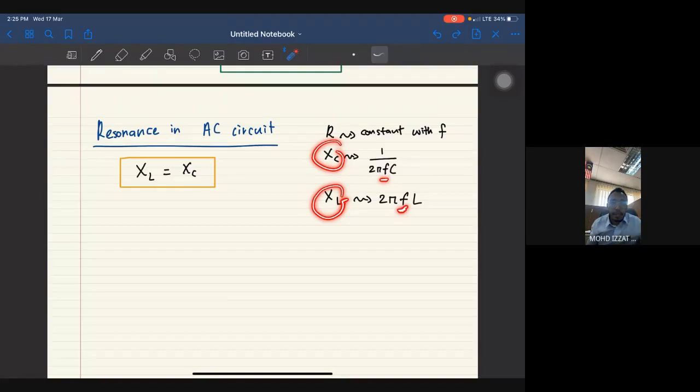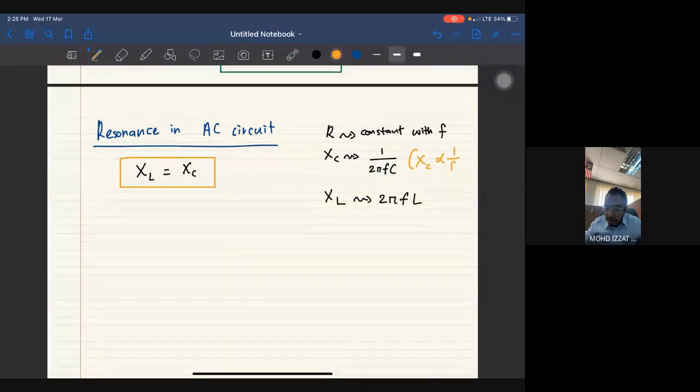So when you have a change in frequency, you expect a change in XC and XL as well. Okay, how do they change? If I were to write the dependence, XC is inversely proportional to the frequency, 1 over F, sorry. Then XL is directly proportional to F.